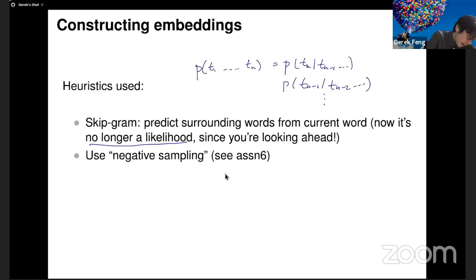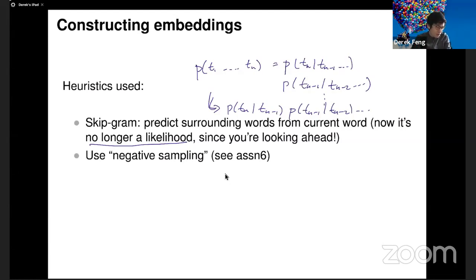Then we said, if you have a bigram model, you can rewrite this as a product of P of Tn given Tn minus 1, times P of Tn minus 1 given Tn minus 2, and so on.